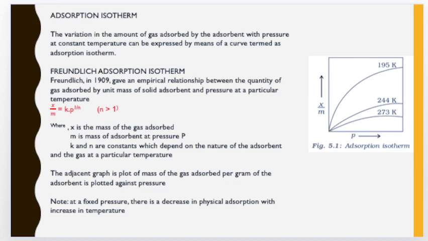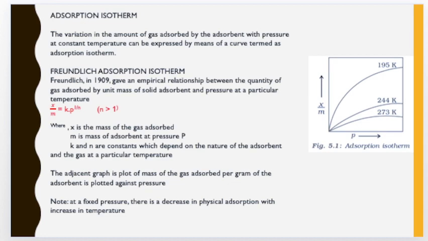So, this relation was given by Freundlich in the year 1909, who gave an empirical relationship between the quantity of gas adsorbed by unit mass of solid adsorbent at a given pressure at a particular temperature. As you can see, the graph is showing x by m, that is mass of gas adsorbed per unit mass of solid adsorbent, on the y-axis with pressure on the x-axis.